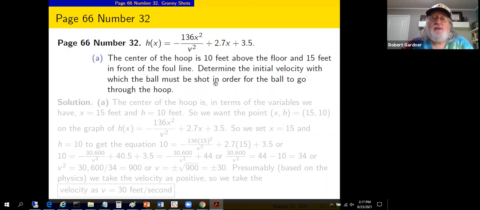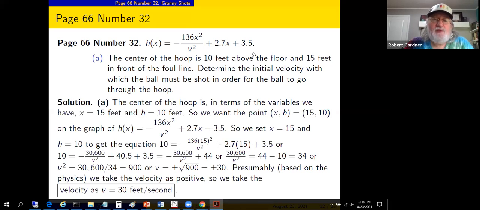First, they wanted the ball to pass through the hoop. So when x equals 15, they want the height to be 10. So we'll plug 15 in for x and set the resulting height equal to 10. We want it to pass through the point (x, h) equals (15, 10).